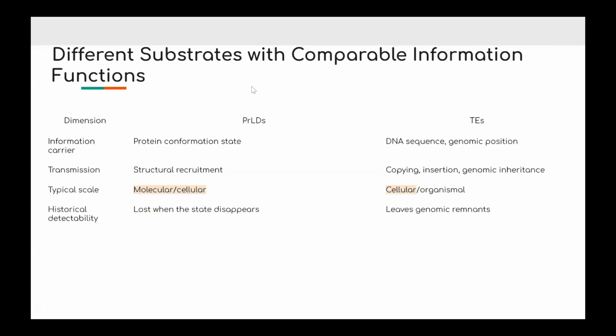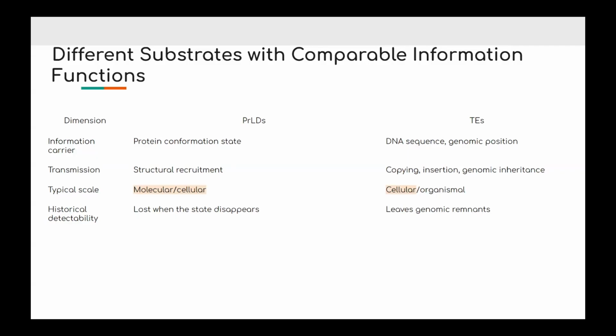Between prion-like domains and TEs, they have different substrates, but these are different substrates with comparable information functions. For prion-like domains, the information is associated with the state of the protein and its shape. But for TEs, the information is stored in things like the DNA sequence and genomic position, and they also spread differently.